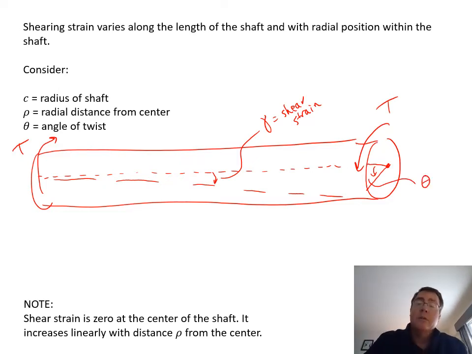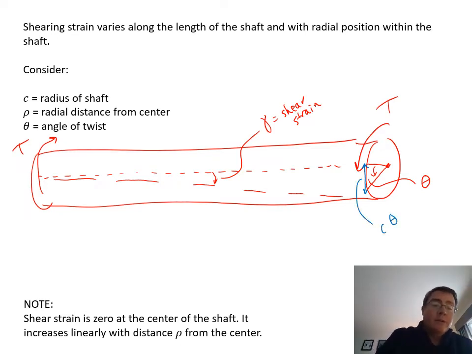And if we have a radius of c, then this distance right here is going to be approximately c times theta.